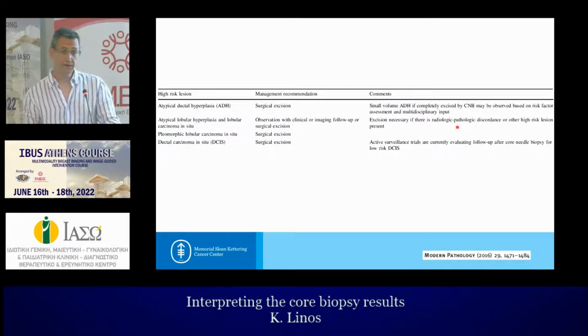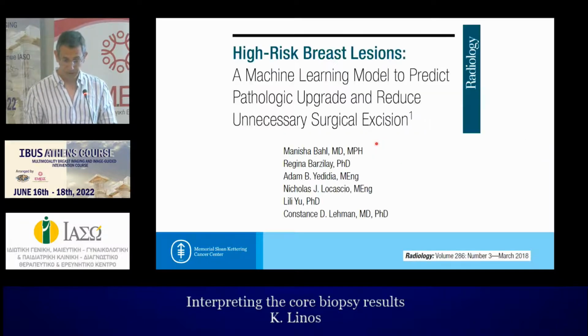Then these patients should get an excision, but we're talking about cases where patients have concordance between pathology and radiology. But if you get a pleomorphic lobular carcinoma in situ or a ductal carcinoma in situ, then you offer excision. Although there are active surveillance trials now for patients with low-risk DCIS, trying to find out which patients can be safely watched rather than followed by a subsequent excision.